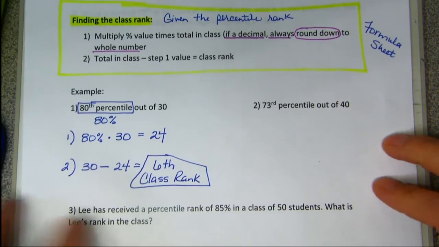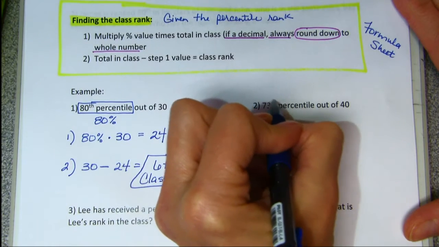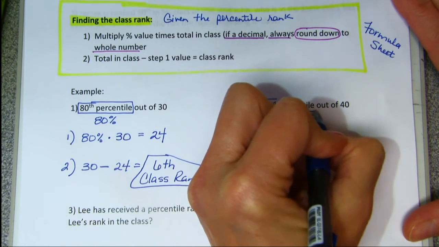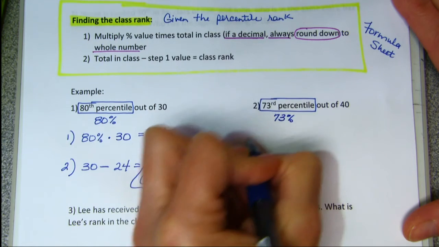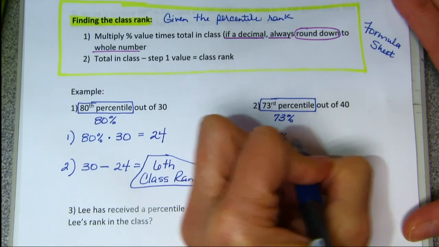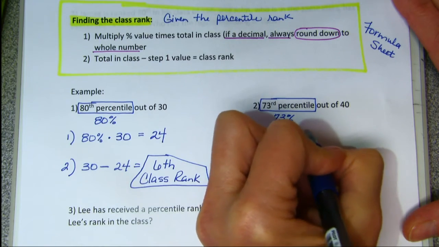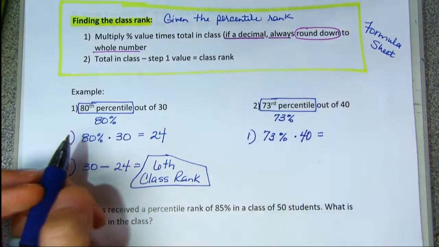All right. So here, because it says the word percentile, I know 73rd percentile means 73%. So in step one, we're going to take 73% times 40. That's the percent times the total.